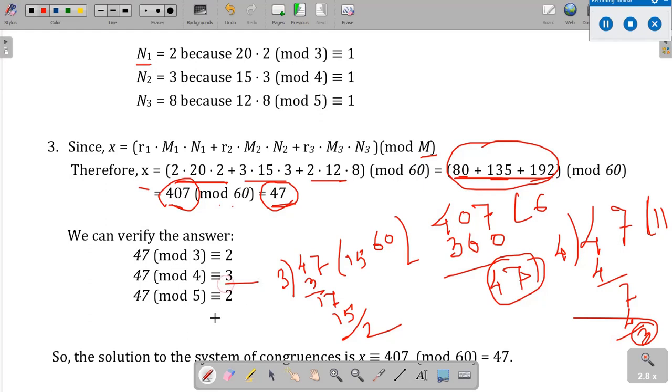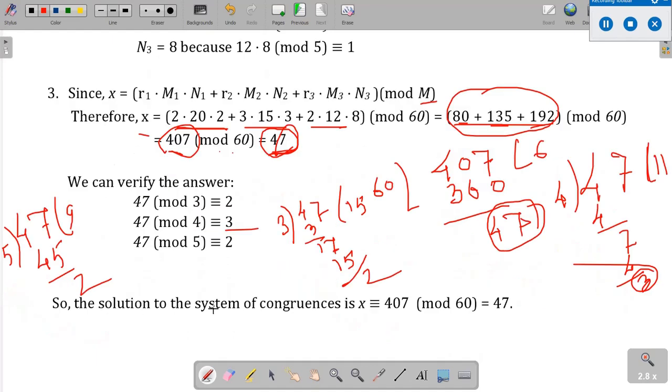This is again correct. And if we divide this 47 by 5, 5 into 9 is 45, so we get 2. So all conditions are satisfied. So we can say that the unknown value of this x is 47.